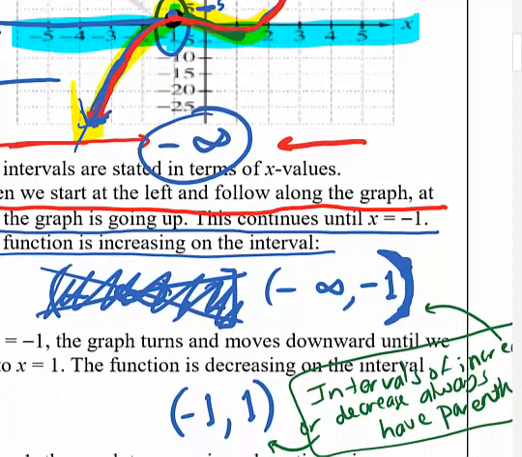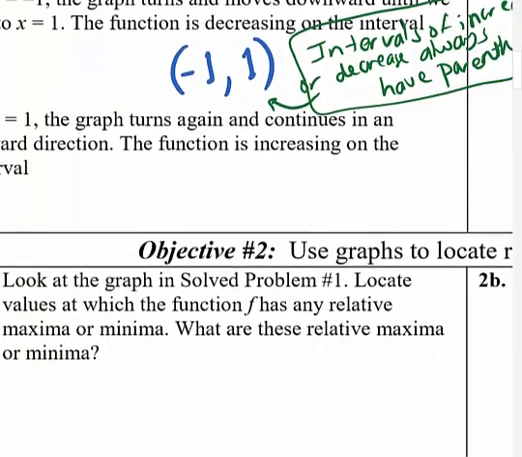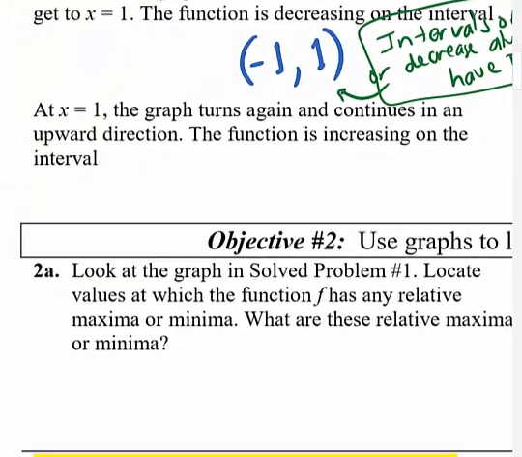If I were to put in the interval of increase negative infinity to -1 including -1, that means at -1 it's actually increasing. But it's not really, because it's kind of increasing and decreasing at the same time, depending on whether he's looking to his left or to his right. So, like I said, by convention, we never use brackets, only parentheses, when we're talking about intervals of increase and decrease.